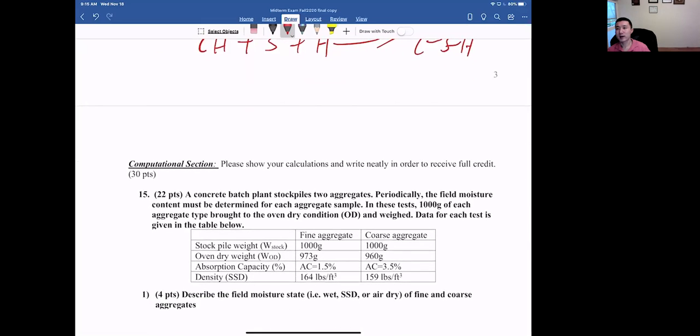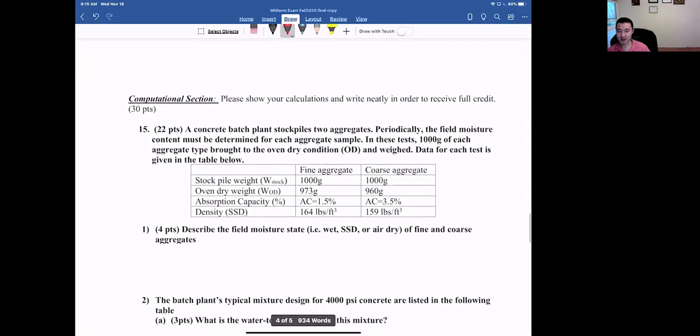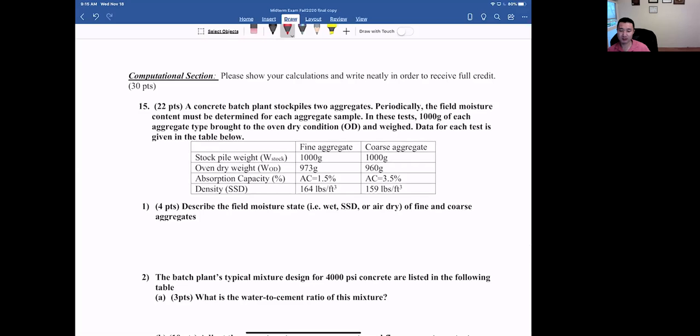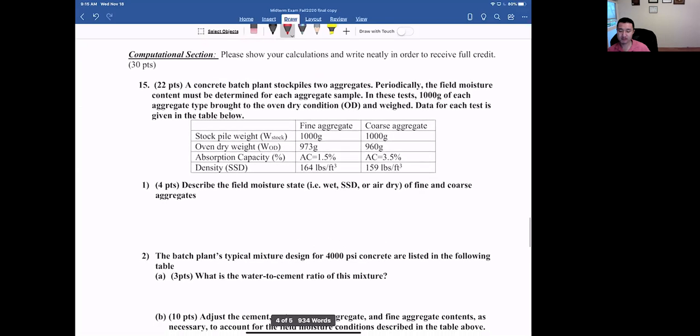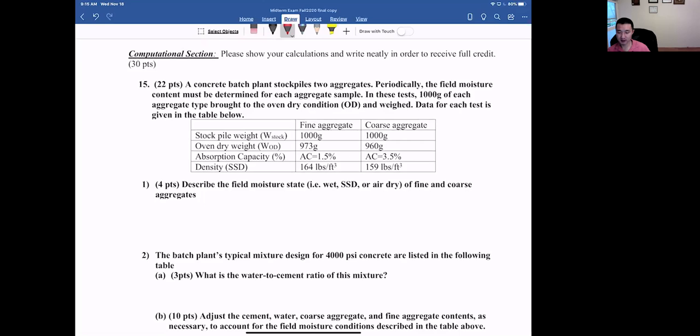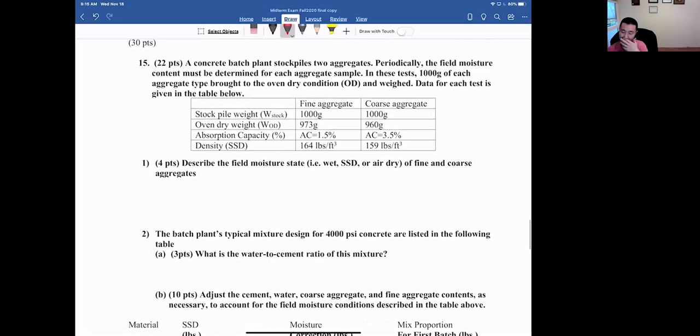All right, so we have about 5 minutes. The next question is about describing the moisture content, the moisture state in the sand and coarse aggregate, and adjusting moisture content. You should definitely be able to answer this question, and for sure we'll have similar questions in our final exam.